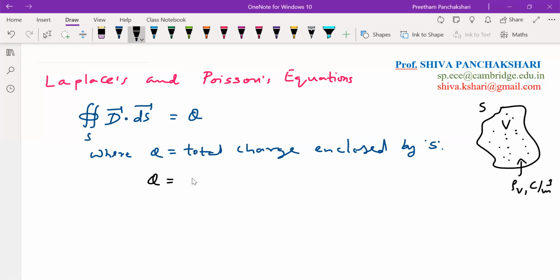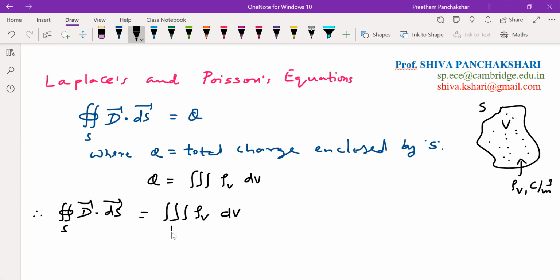Therefore, Q can also be expressed as volume integral of rho V. Therefore, Gauss law becomes surface integral of D over the closed surface is equal to volume integral of rho V. This forms the integral form of Gauss law.